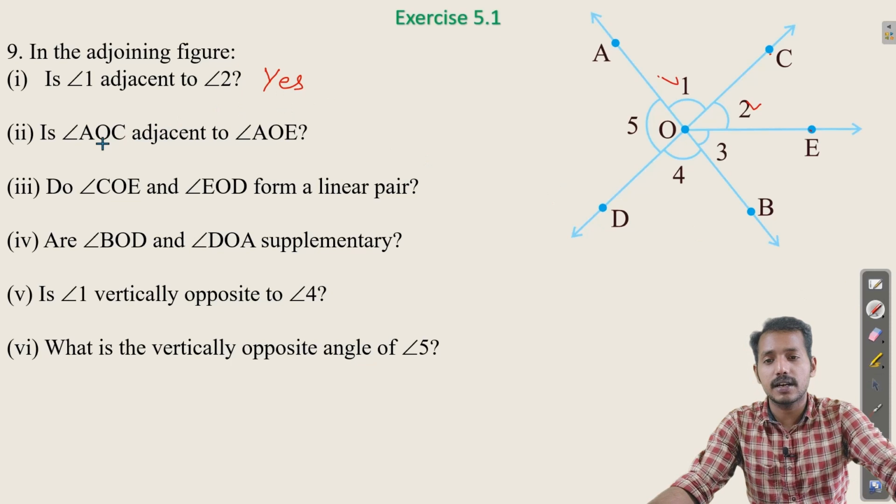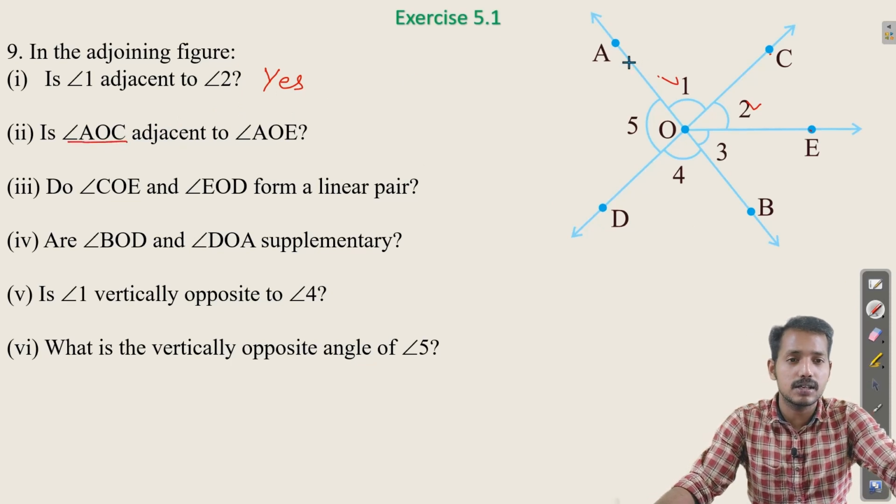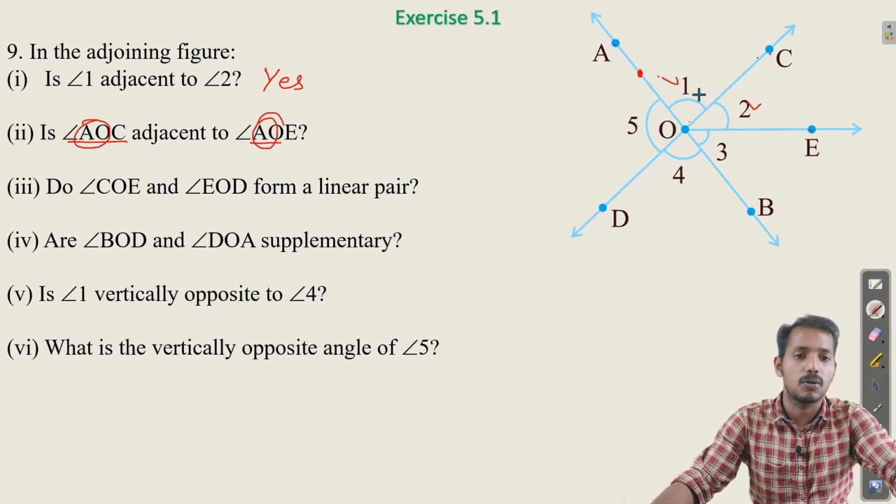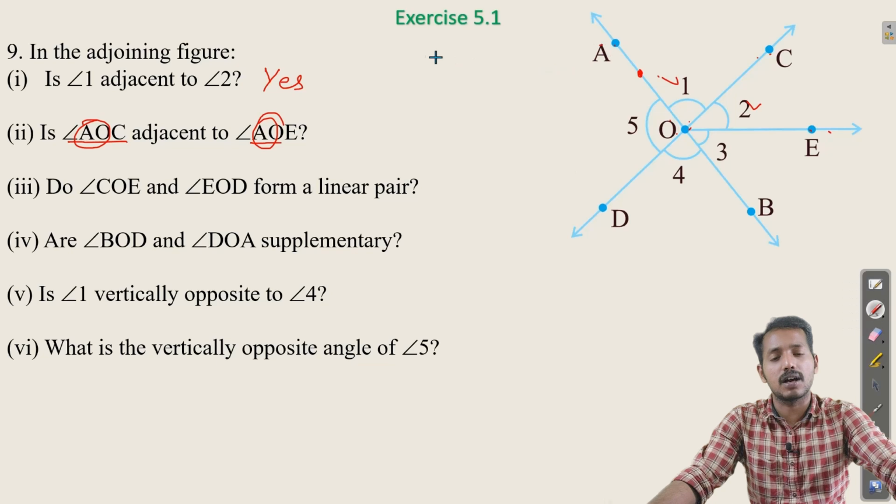Next question: is AOC adjacent to AOE? What are the angles given here? Angle AOC is angle 1. AO is the arm of AOC as well as AOE, so AO is a common arm. Okay, no problem.